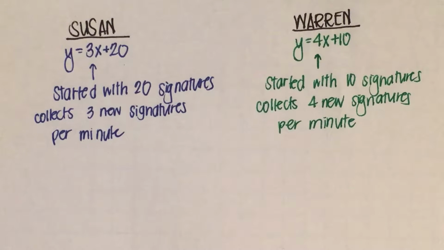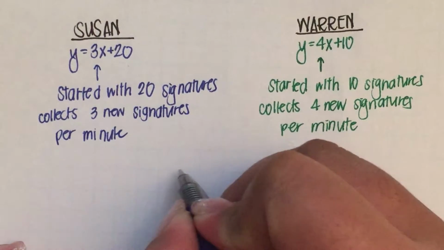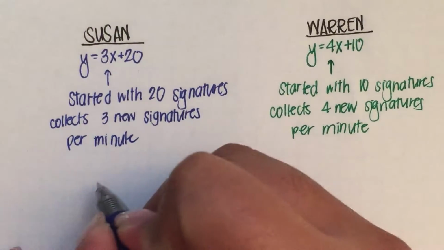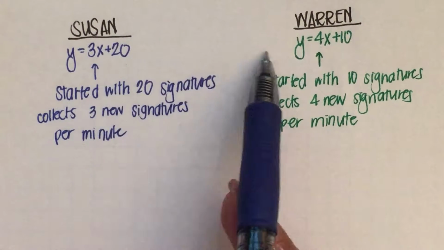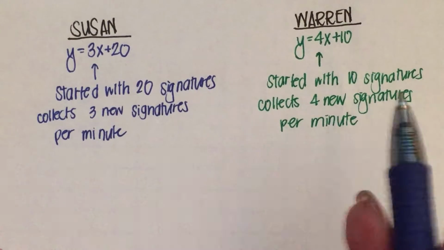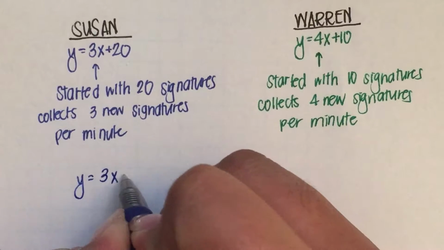So now what we're going to do is we're just going to put them in line. Or what we have to do is actually solve it. So we're going to turn the slope-intercept form into the standard form. So you have y is equal to 3x plus 20.